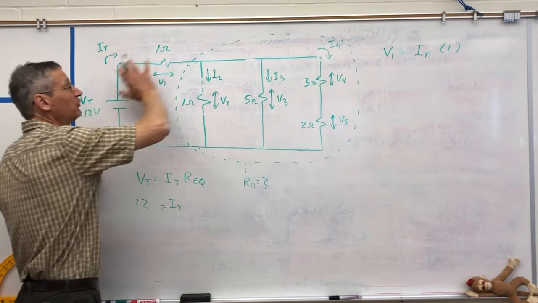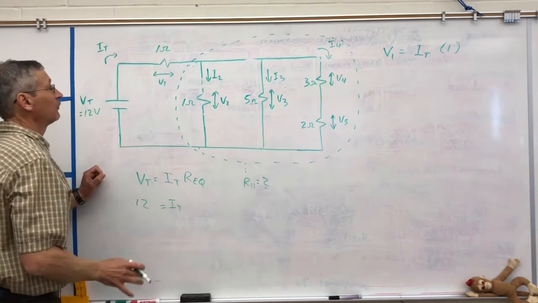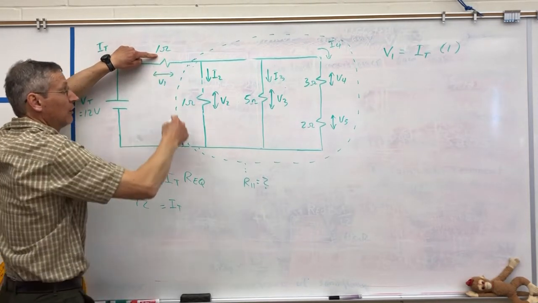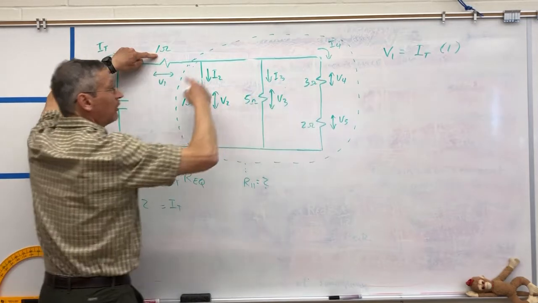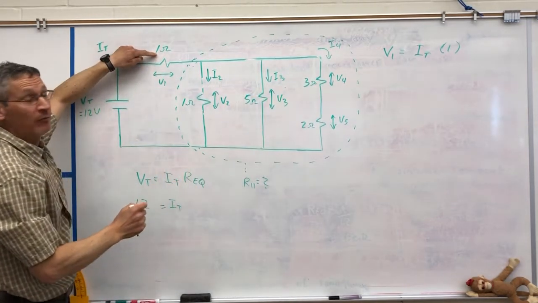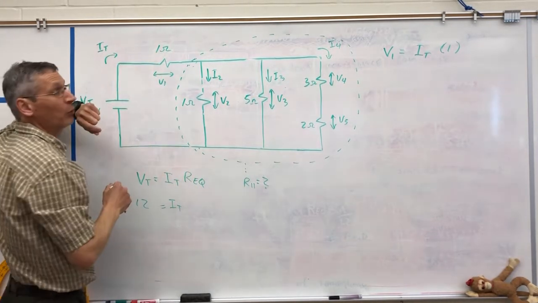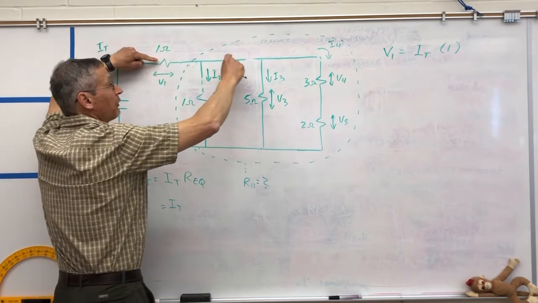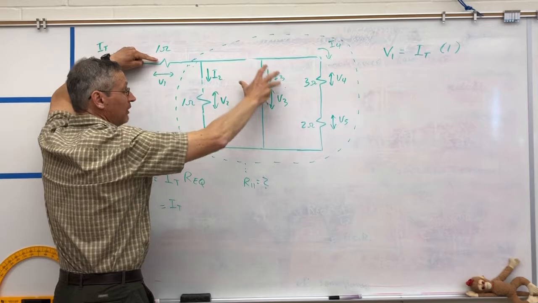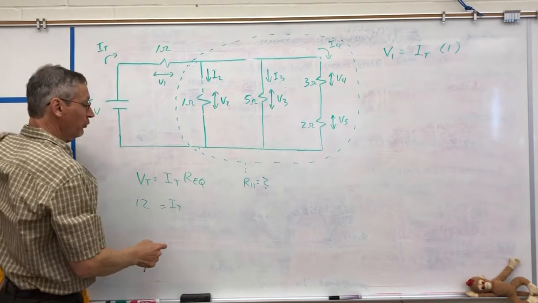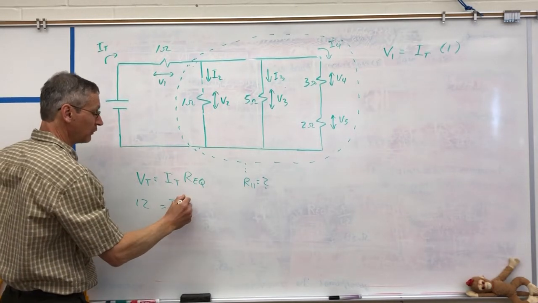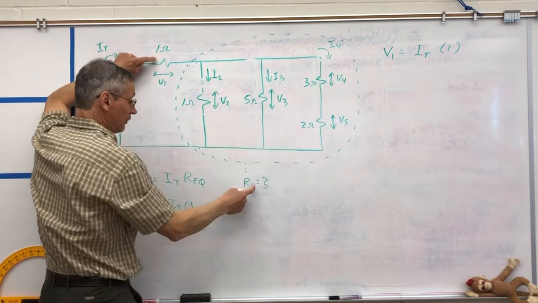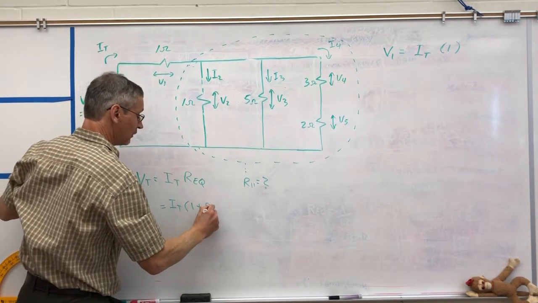The equivalent resistance for the whole circuit is going to be 1 ohm plus the resistance of the parallel mess. Can everybody see that? If you look at this circuit as a whole, what do you have? You have a 1 ohm resistor, and then in series with that, coming right after that, you have a big parallel mess. So the equivalent resistance of the whole circuit is going to be 1 ohm plus the parallel mess.